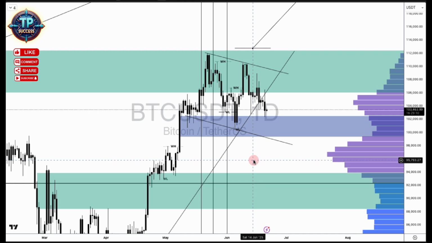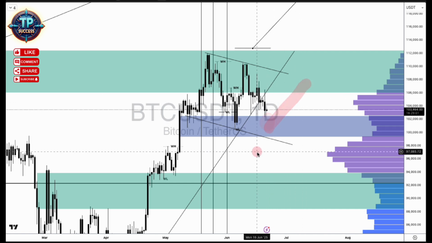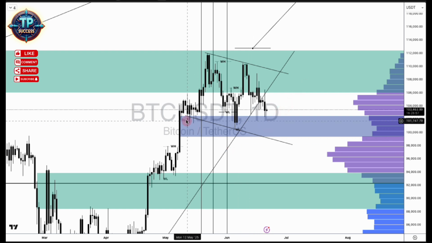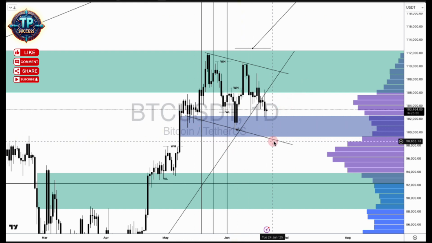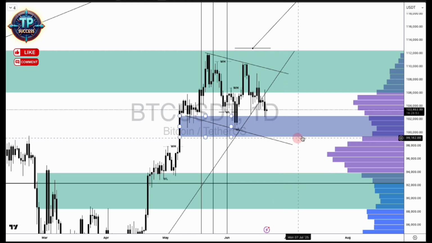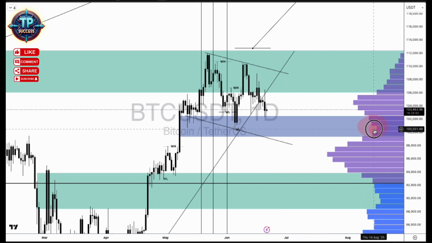So with this said now, the probability of price coming back into this zone only to push up has some level of logic to it. Because first, if this trend line that I've done is indeed valid, it supports this low value node over here.